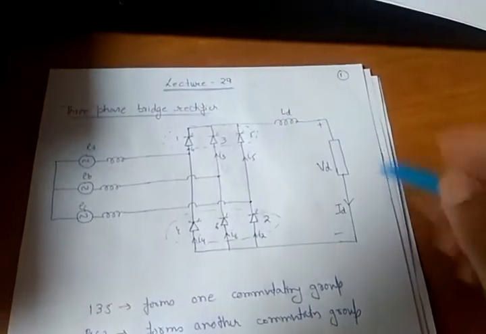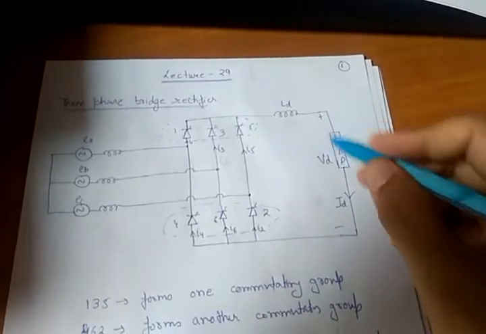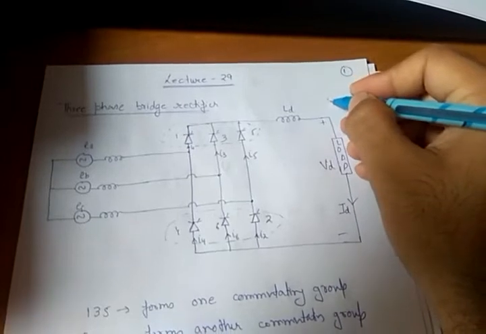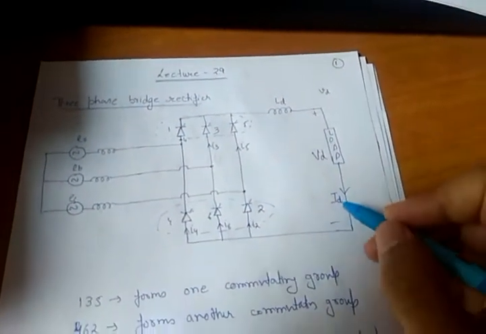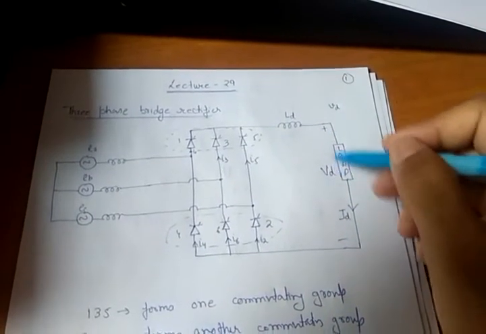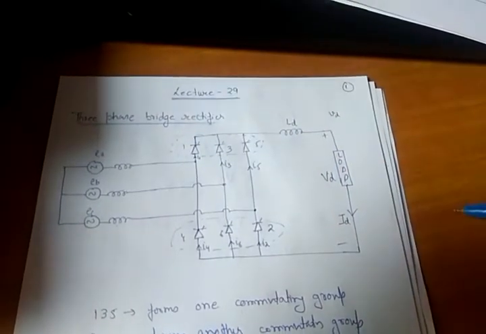This is a load. Capital VD means instantaneous voltage, and small vd means the actual voltage. Anything capital means instantaneous. So this VD is the voltage across the load. LD is the inductance connected in series with the load.